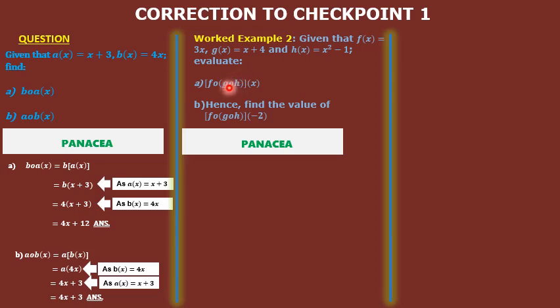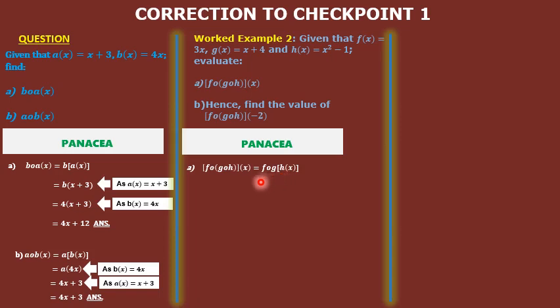And the result of what we get for that is going to be the input of f. So we can say f of g of h of x as given in the question. We can use another notation to represent it. If you use the other notation, we are going to have f of g into h of x.